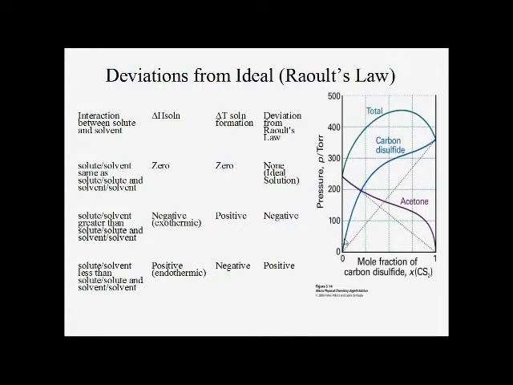For acetone with a small amount, those are the good ones. So the ideal approximation for Raoult's law works best near the pure vapor pressure.